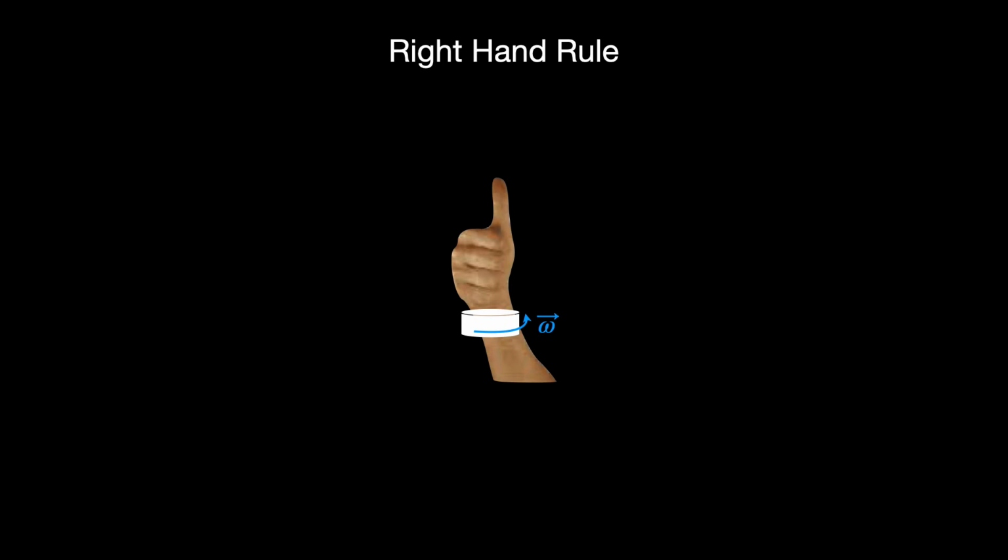It is then said that the angular momentum or the angular velocity vector will be perpendicular to the direction of rotation along our thumb, L. This must be done using the right hand.